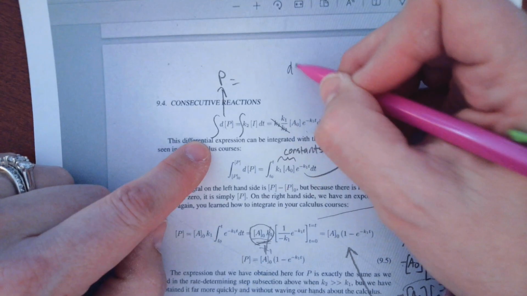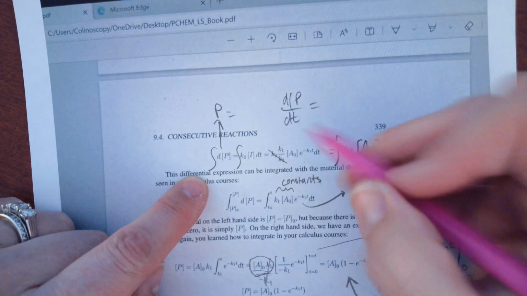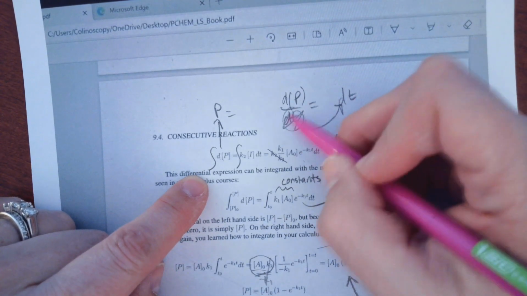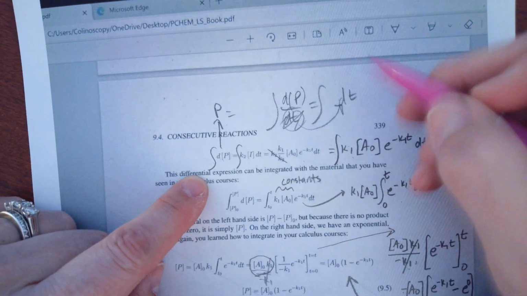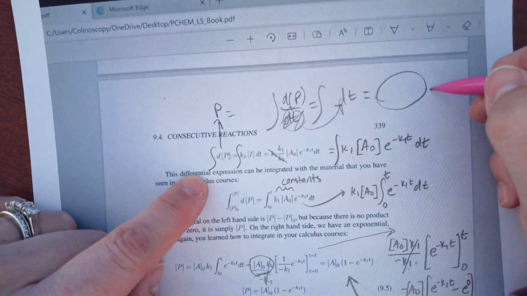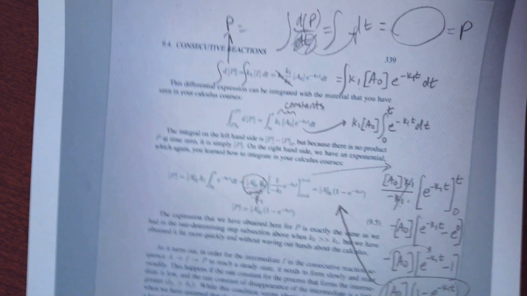They basically had dp dt equals something, so they moved the dt over to this side, and then you can integrate both sides, and this side becomes p, and the integral of that is going to become your answer, so you get that equal to p. I guess they were trying to find p for some reason, and that's why.